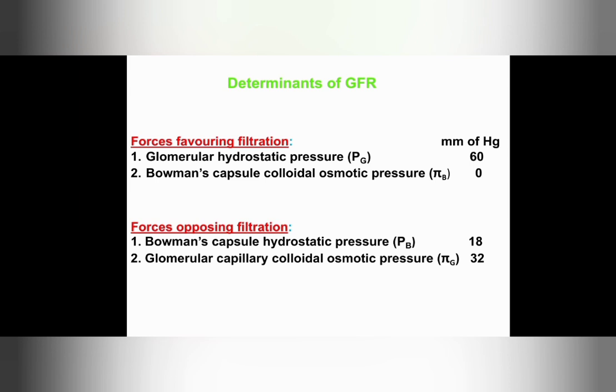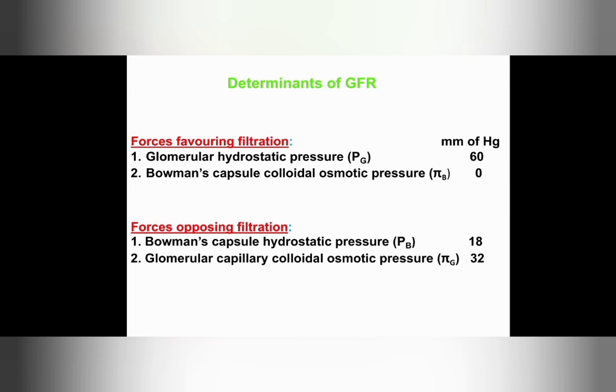Second one is glomerular capillary colloidal osmotic pressure. Again, one is the Bowman's capsule colloidal osmotic pressure, and as there is no protein inside the Bowman's capsule, that force is zero. Another one is the glomerular capillary colloidal osmotic pressure. That means the pressure formed by the colloidal substances present inside the glomerular capillaries. What is there in the glomerular capillaries? Blood. Blood has plasma, and the plasma has plasma proteins, which are colloidal in nature.